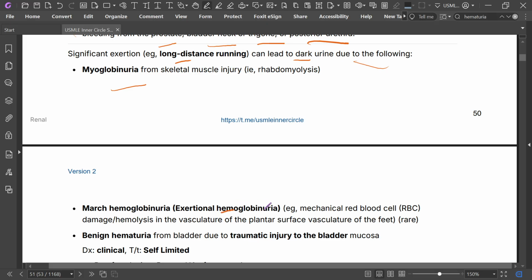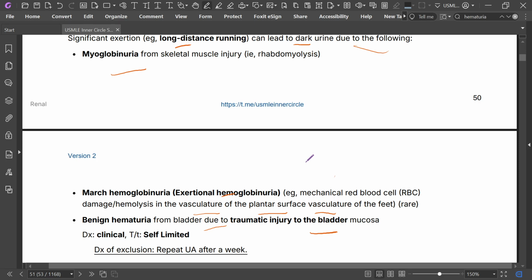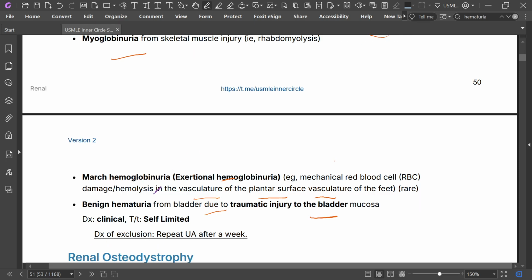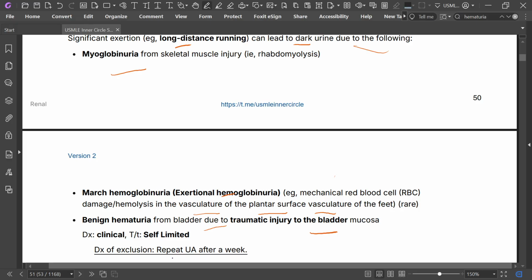It may be due to exertional hemoglobinuria, mechanical red blood cell damage, hemolysis in the vasculature of the plantar surface, and benign hematuria from the bladder due to traumatic injury to the bladder mucosa. Diagnosis is clinical, and treatment is self-limited. Benign hematuria is a diagnosis of exclusion; repeat urine analysis after a week.